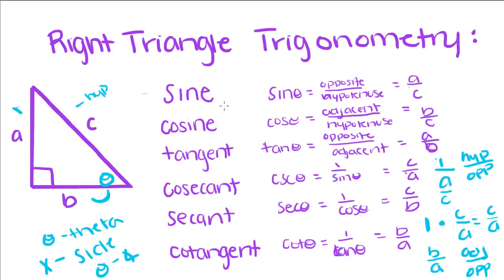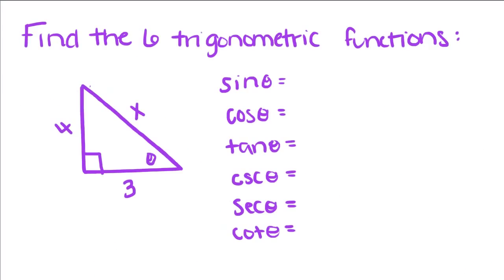And we're going to use these little formulas to talk about the angles of a triangle. So we have this triangle right here, and we're gonna find the 6 trigonometric functions of this. So all we're gonna do is fill in what all these equal. The first thing we need to know is what x equals.